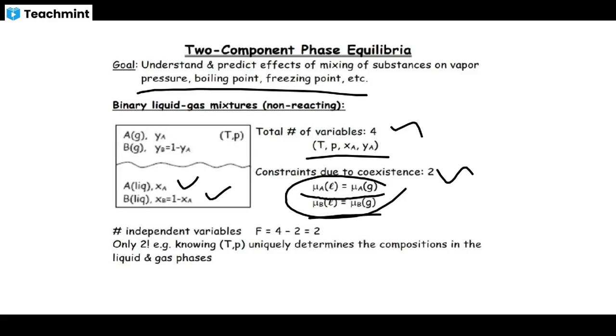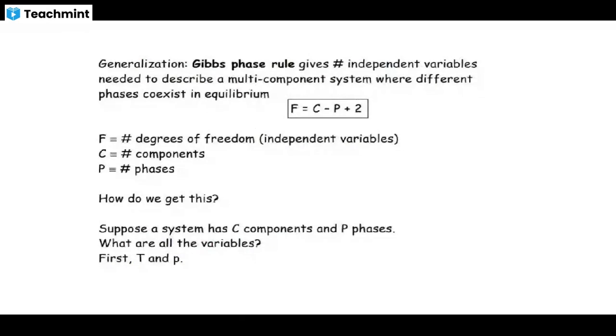Then derive the equations. Generalized, this gives the phase rule, which gives the number of independent variables needed to describe a multi-component system with different phases. For a multi-component system, this is the formula and how we can derive it: F is the degrees of freedom, the independent variables, C is the number of components, and P is the number of phases. How do we get this?